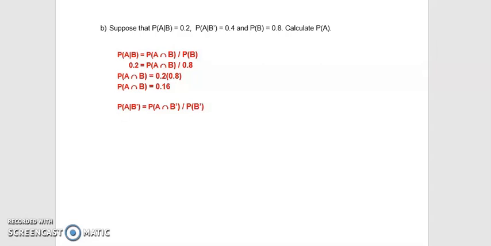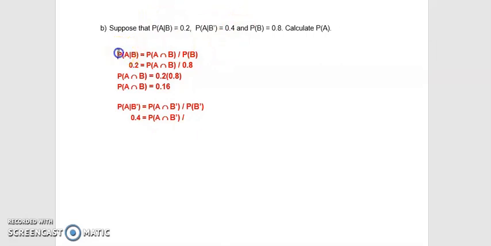Substitute the values that we had. Probability of A given B prime is 0.4. Then you write back probability of A intersect B prime, since we don't have this value yet. So what is probability of B prime?